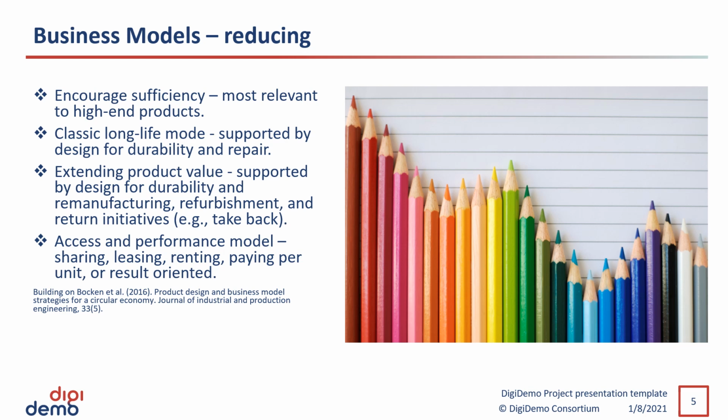Other companies follow a business model which can be named classic long life. This business model is already well established among many companies, especially among companies located in countries with high wages. The high wages make it impossible to compete on the price of the product. The companies therefore focus on making quality products which normally cost more but also last longer.